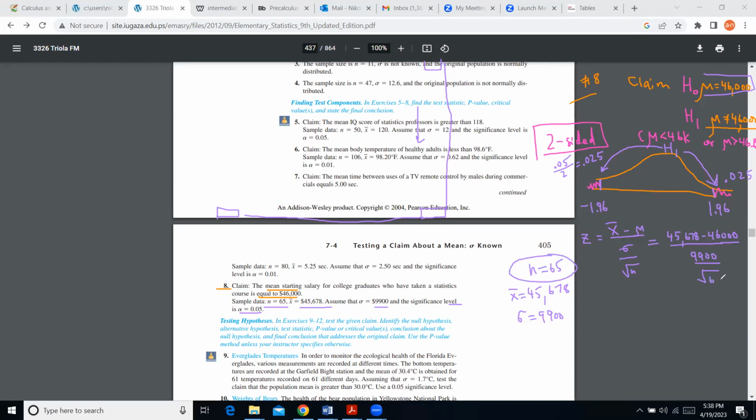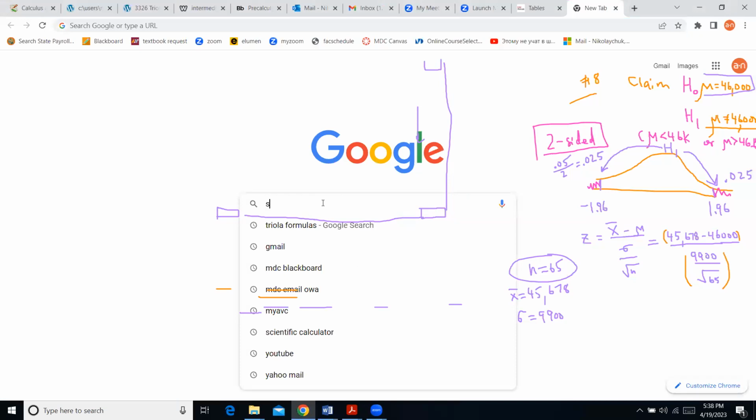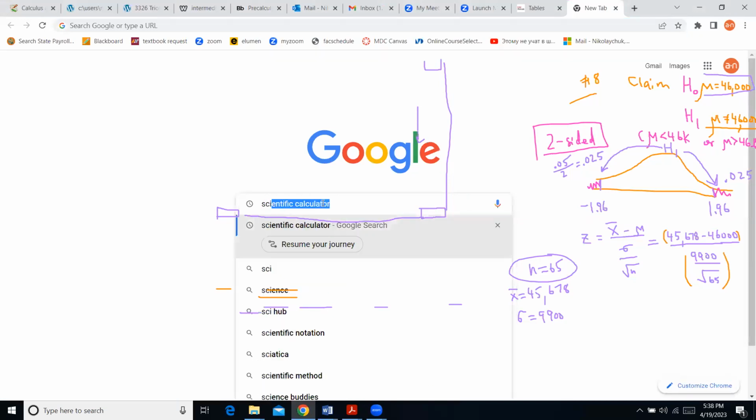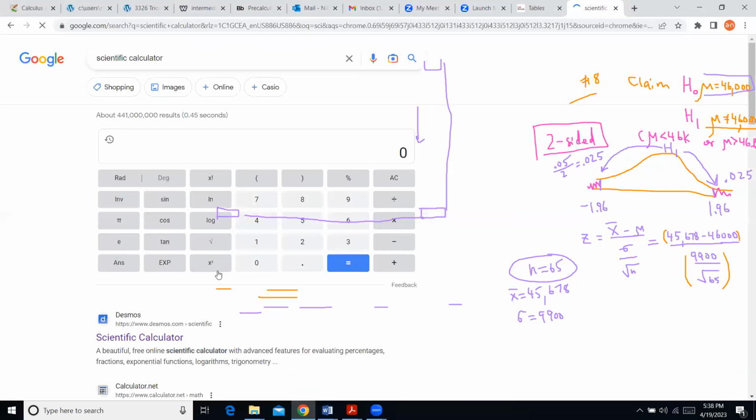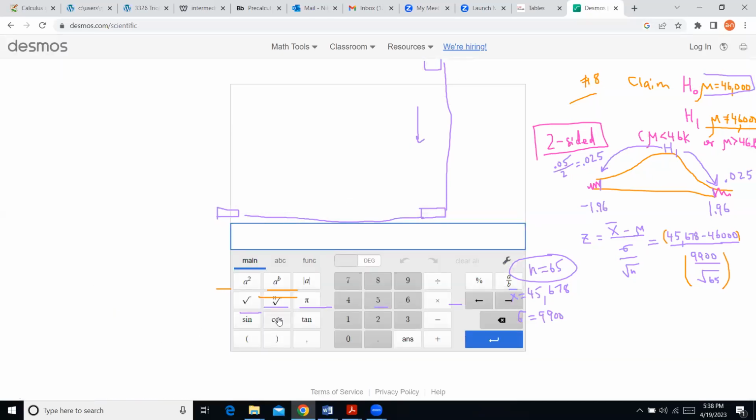So all numbers are nicely given to us, and I will be using parentheses when I enter this in the calculator, my favorite scientific calculator that I also have here. So put scientific calculator, and choice one uses Desmos. So let us plug the numbers in.